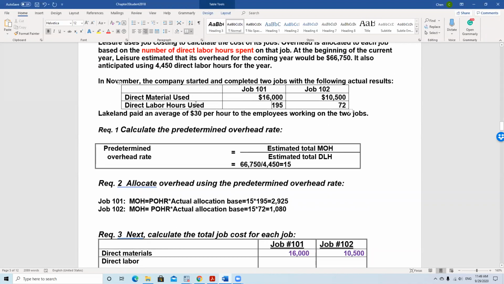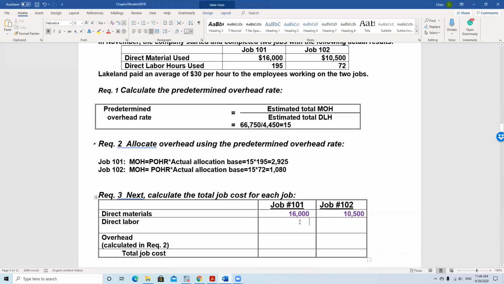And then direct labor, pay attention here, that is direct labor hours used here, and direct labor hours are not cost. We have to use the average salary per hour to calculate direct labor cost. So direct labor cost for job 101 is 195 times $30.